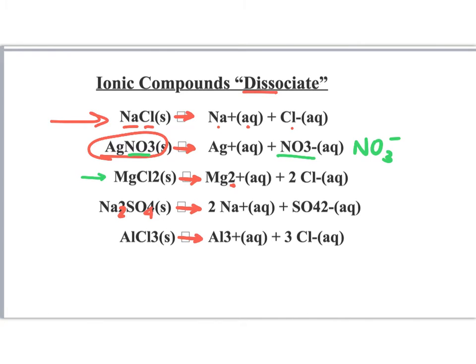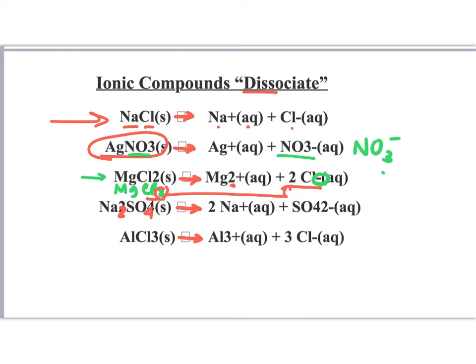Now, for something like magnesium chloride, when you do have two chloride ions present, you want to put that subscript of a 2 as a coefficient in front of the ion to show that there are two chloride ions, each possessing a -1 charge.